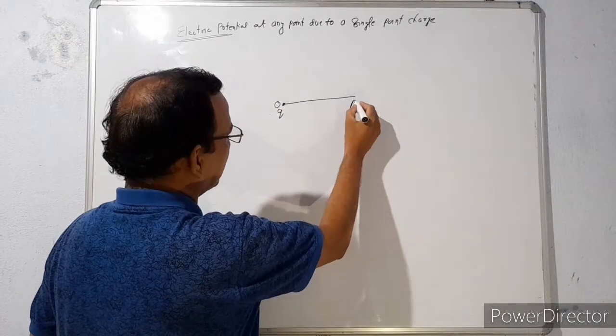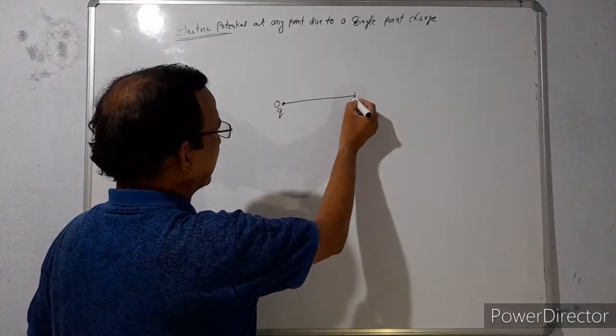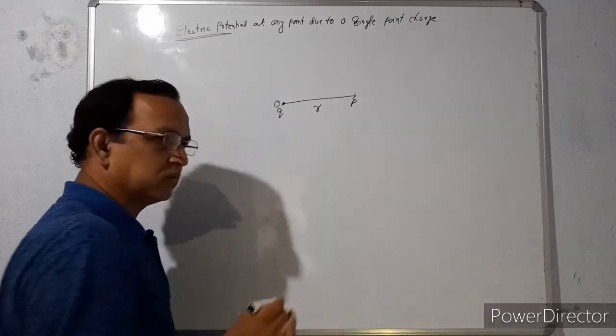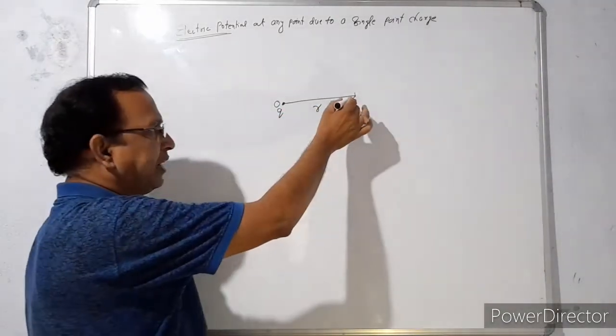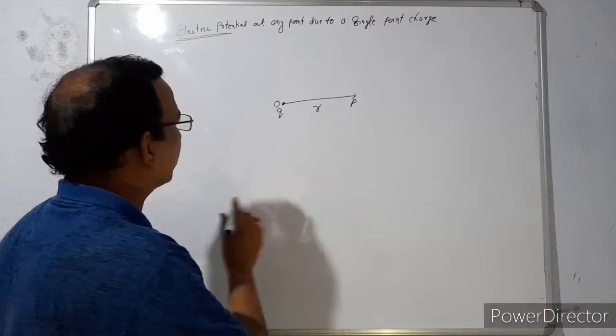P is a point at a distance R from O, at which we determine the electric potential.